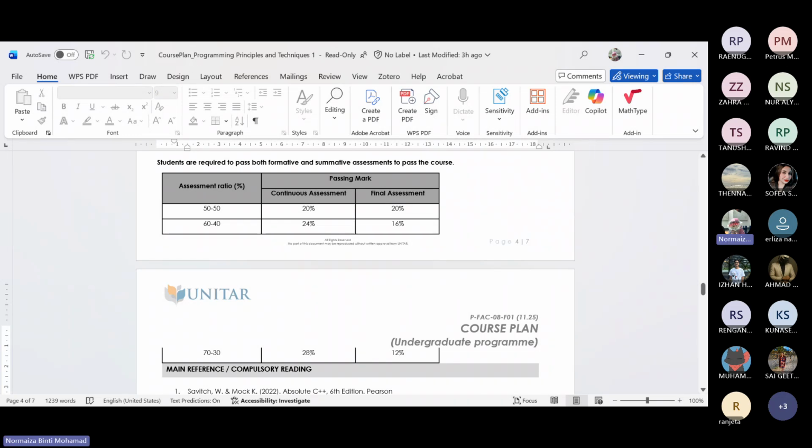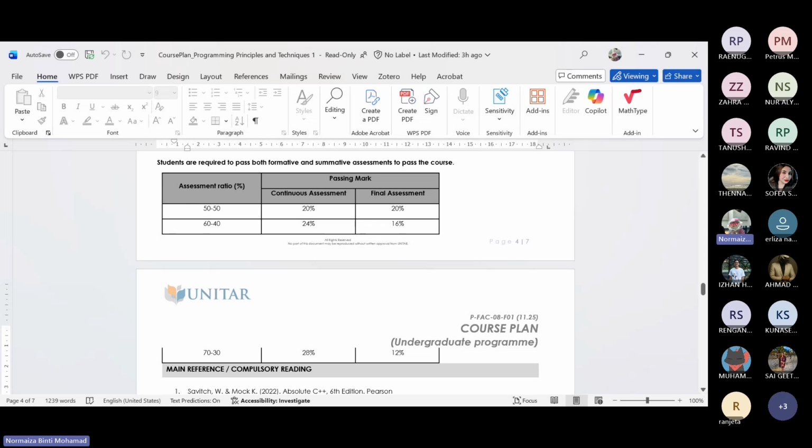This 28 enables you to be eligible for your final exam. And in the case that you fail your final exam later on, this 28% also makes you eligible for the boosted exam. If you get less than 28, you're not eligible for the boosted exam.